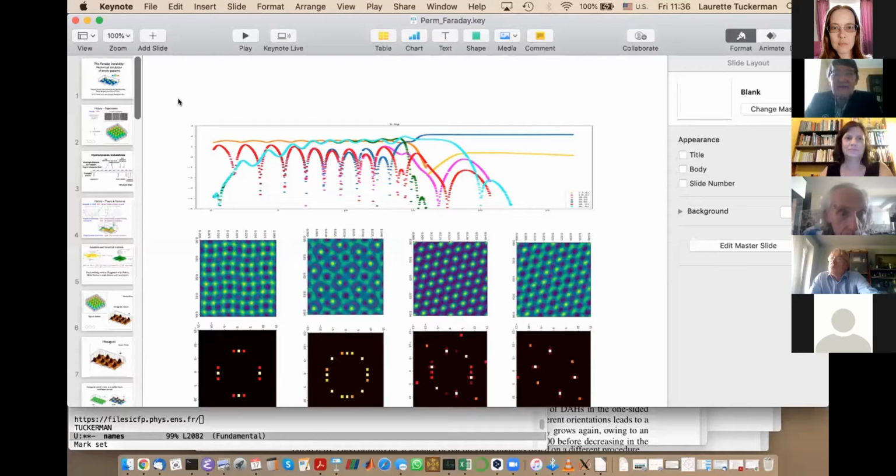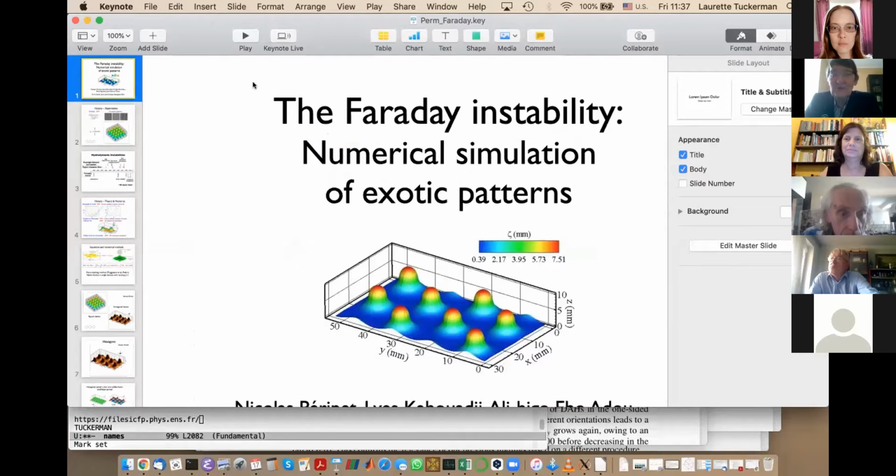Okay. So Lorette Tuckerman received her PhD in applied mathematics from MIT in 1984. She spent a decade at the Center for Nonlinear Dynamics at the University of Texas in Austin.